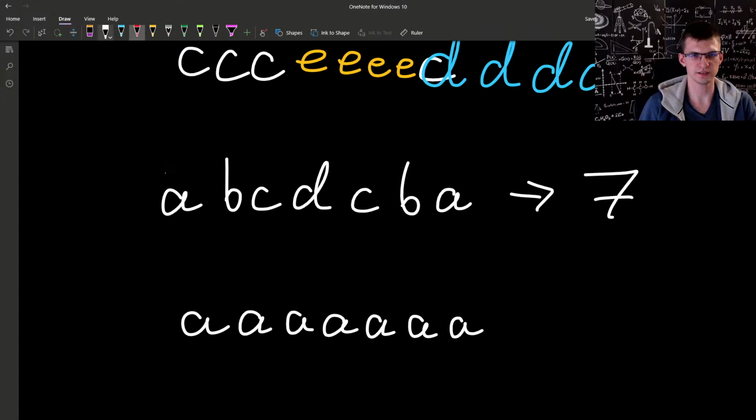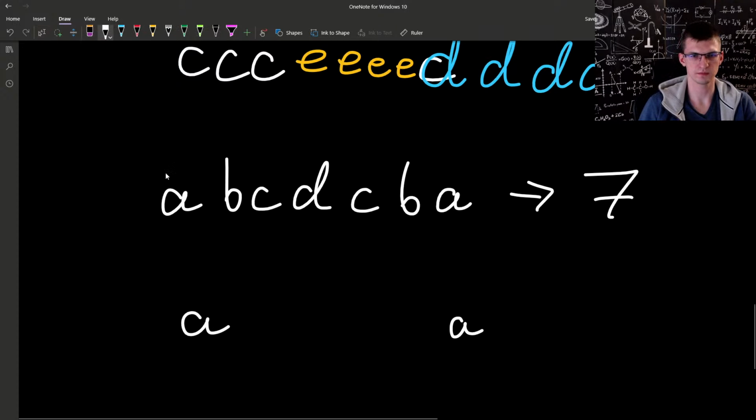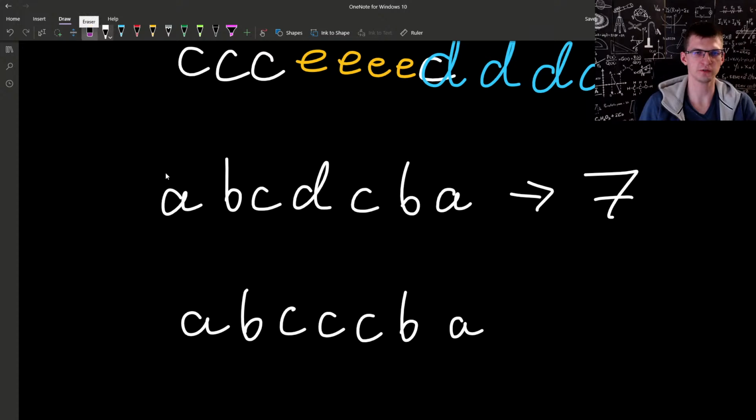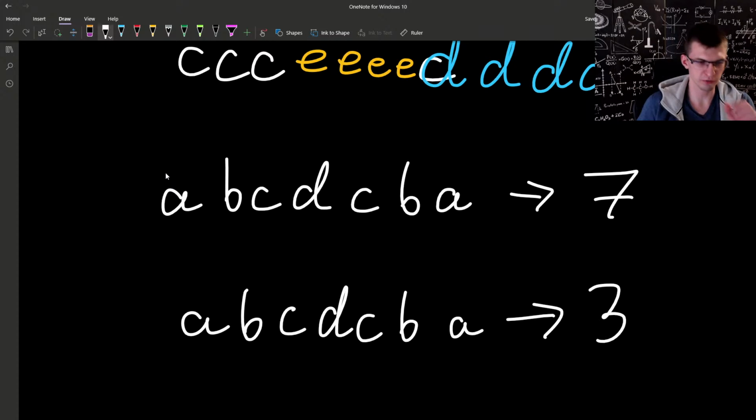Then replace the middle part with B's. Then replace the middle part with C's, and then D. This is the third operation. The final fourth operation, remove the middle C, replace with D. Oh, I didn't want a different color. I created the same string with just 4 operations.